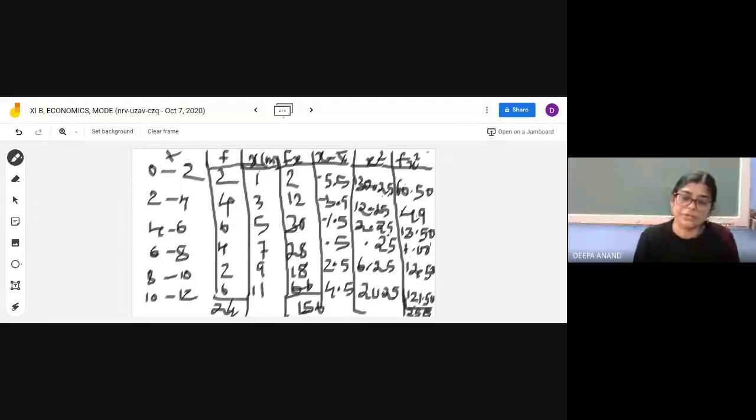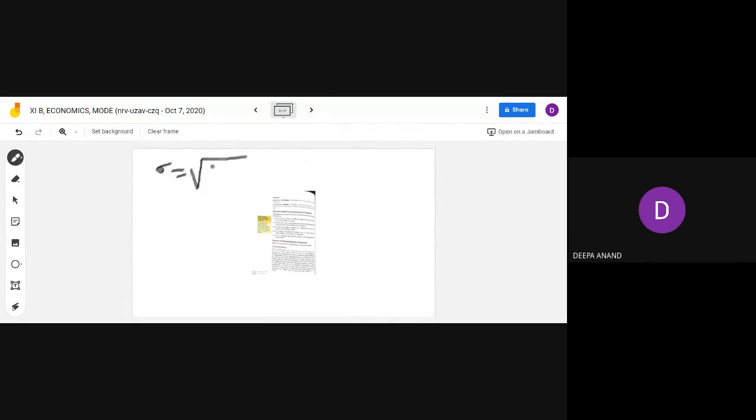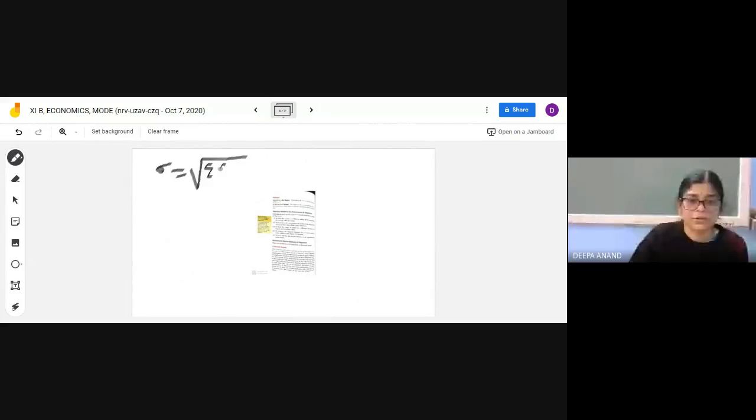So it is just root of 258 upon 24. The formula is standard deviation equals root of sigma fx square upon n. Write it.